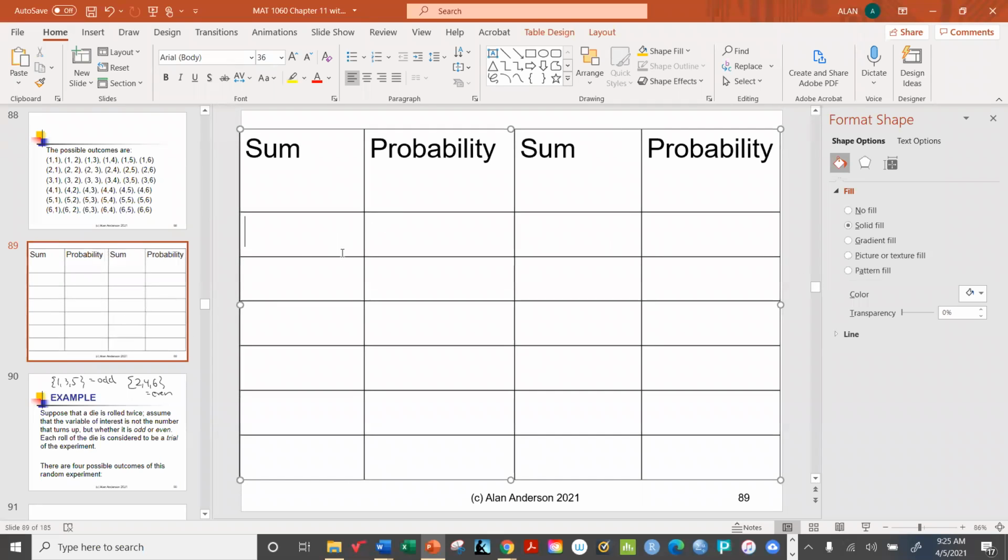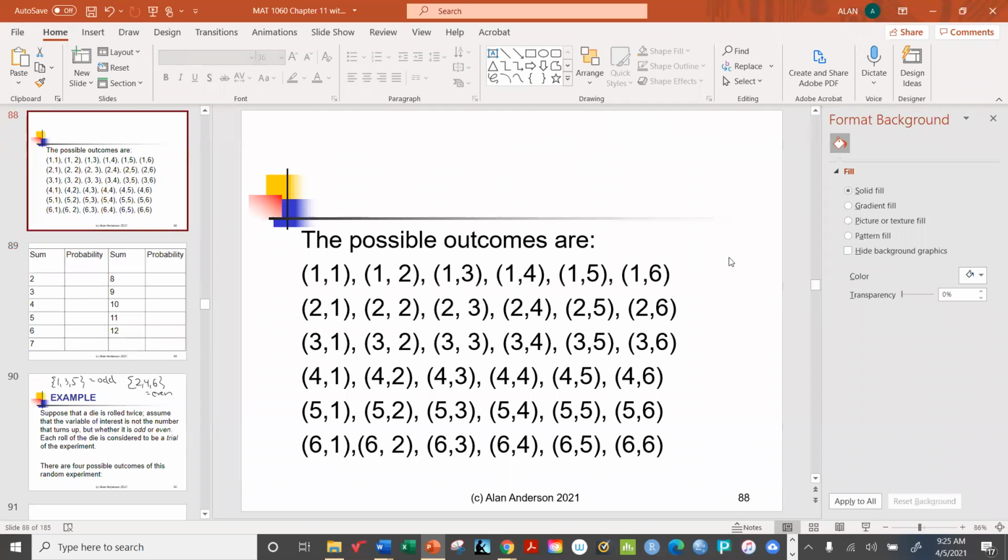All right, so in other words, the sums that you can create with these two dice would be 2 through 12. Now, how do you know what the probabilities are? Well, here's what happens. Each of these outcomes is equally likely.